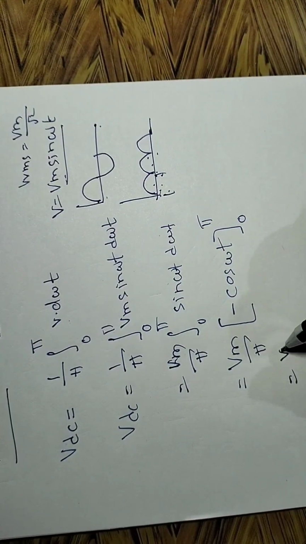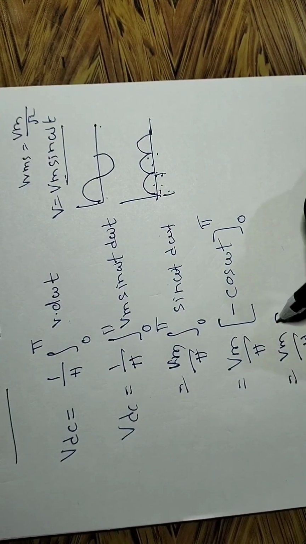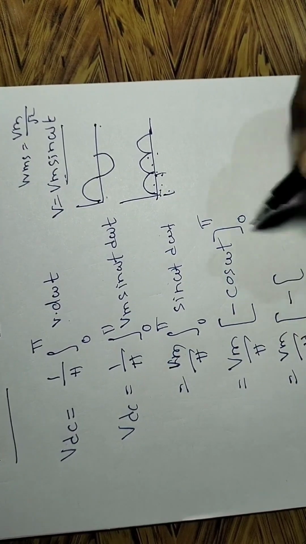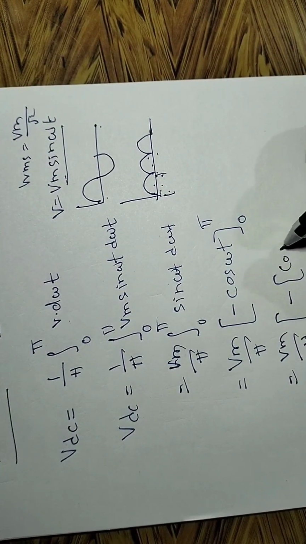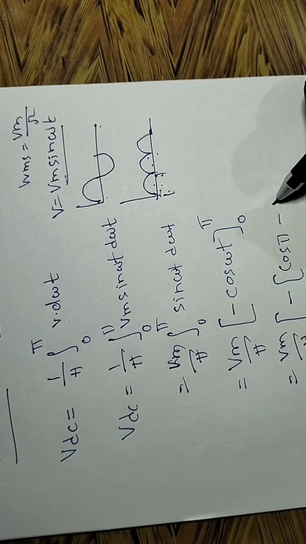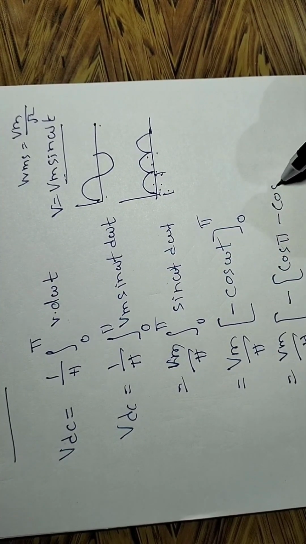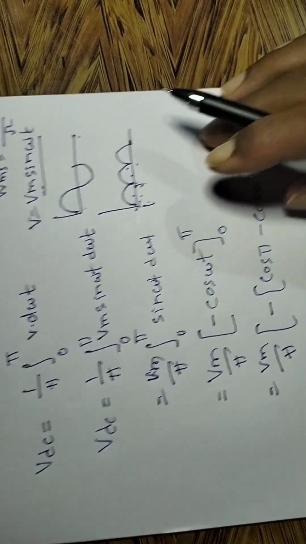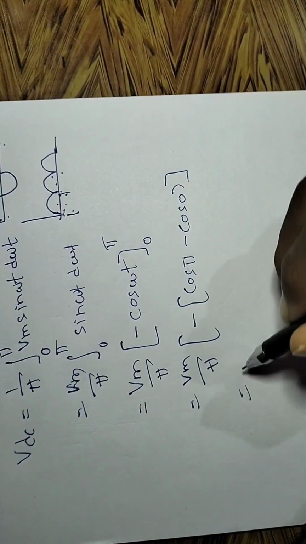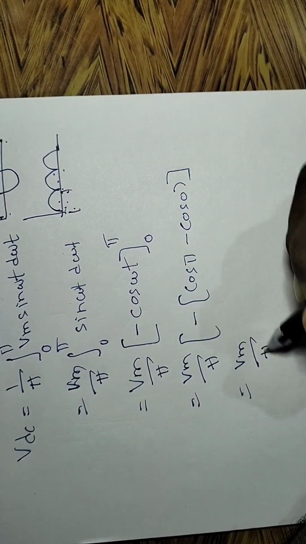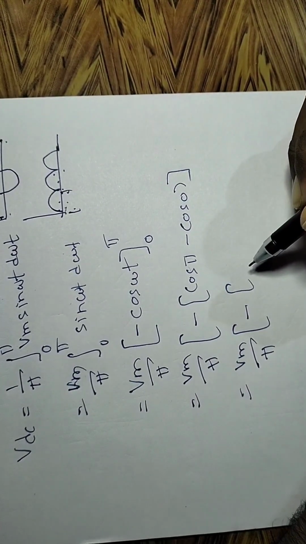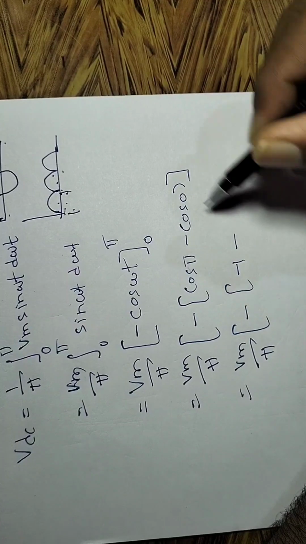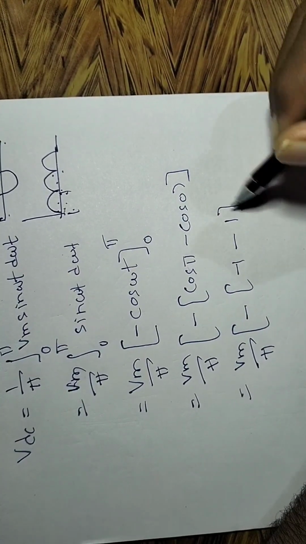Now Vm by pi, minus of cos omega t: you have to apply the upper limit minus the lower limit, that is cos pi minus cos 0. That equals Vm by pi times minus of (cos pi minus cos 0). What is cos pi? That is minus 1, and cos 0 is 1.